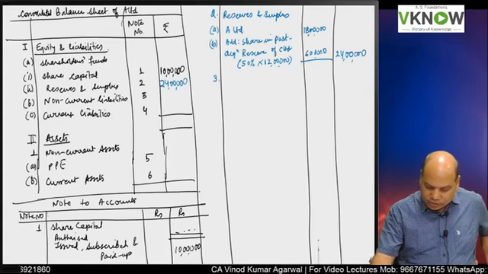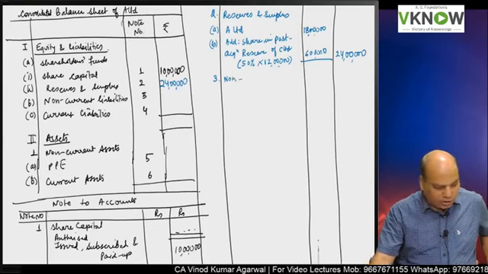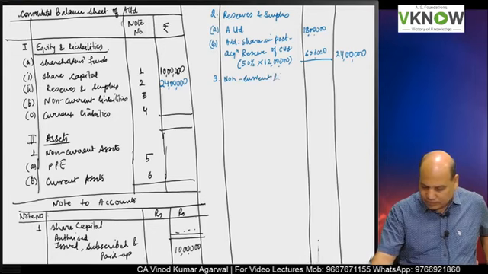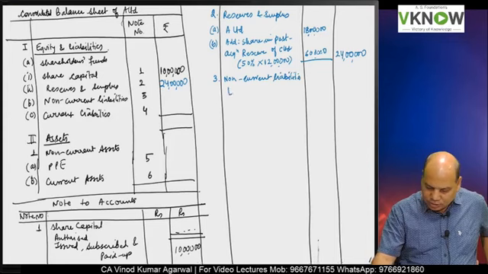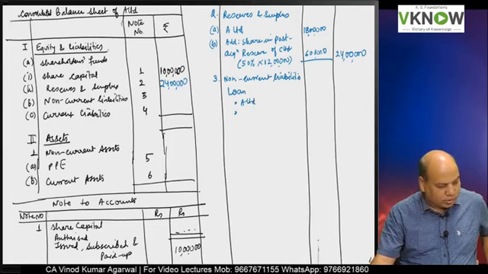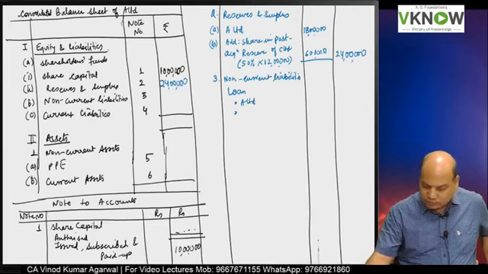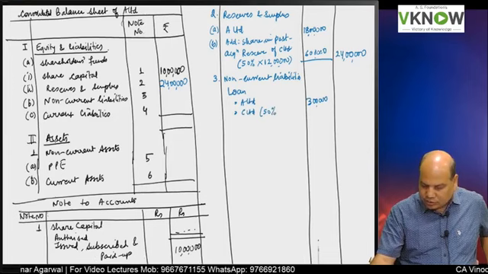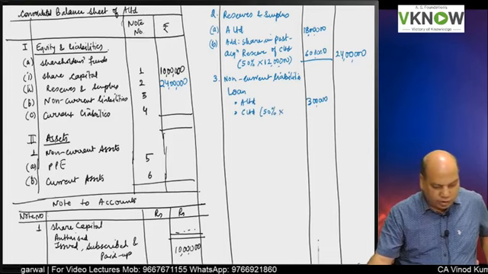Note number 3 write down. Non-current liabilities, under that write down loan, then under that write down A Limited loan is 3 lakh and C Limited will take our share only, 50% of 2 lakh.